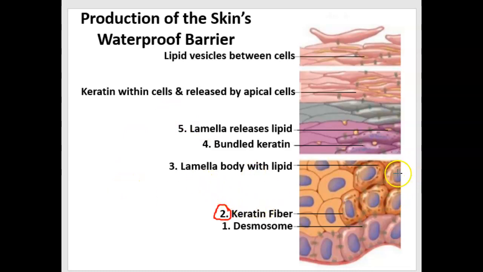And the keratinocytes make these lamellae that contain lipids, and eventually they're just little vesicles. Eventually, the keratinocytes release these vesicles and they come to exist in between cells. And this is an excellent water barrier because, as you know, lipids repel water. So that's another aspect of the waterproof barrier of skin.